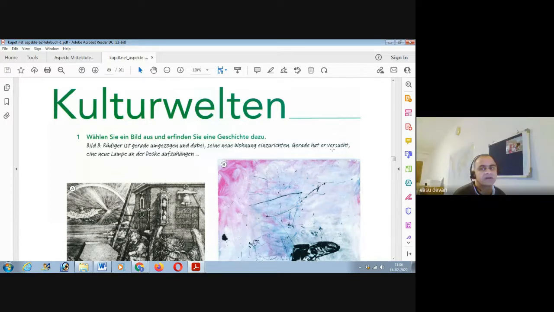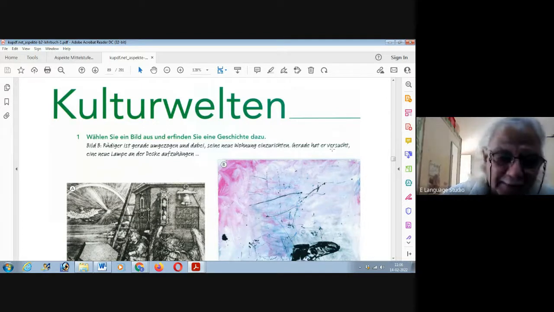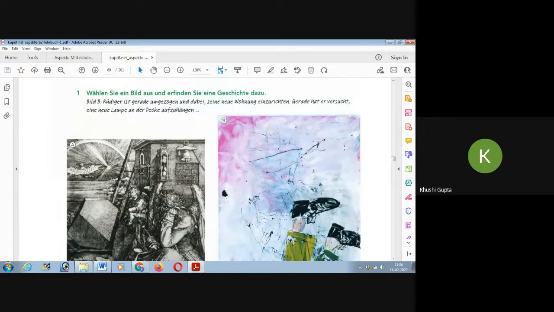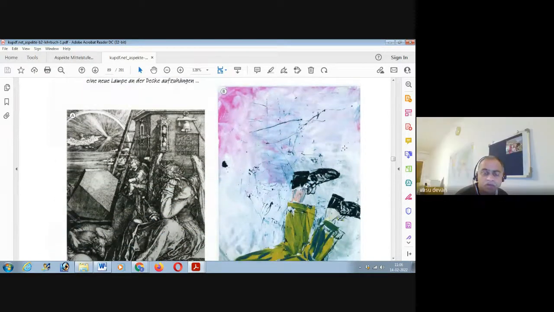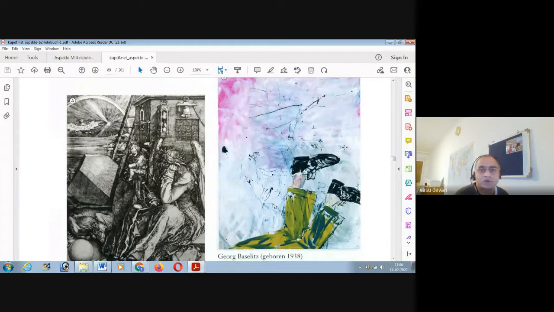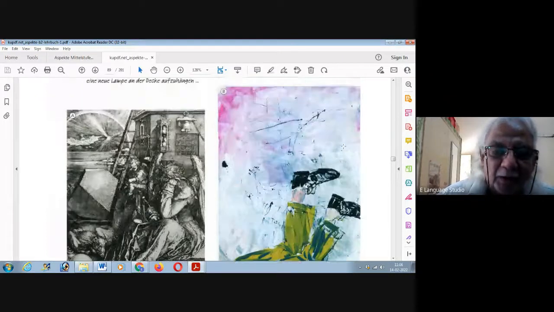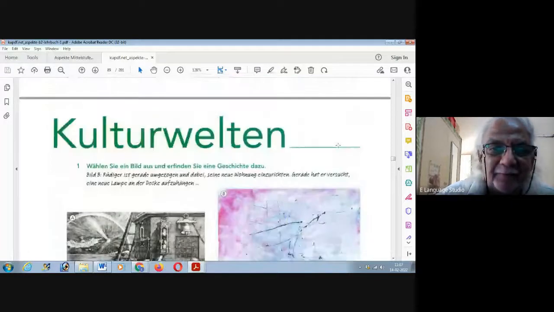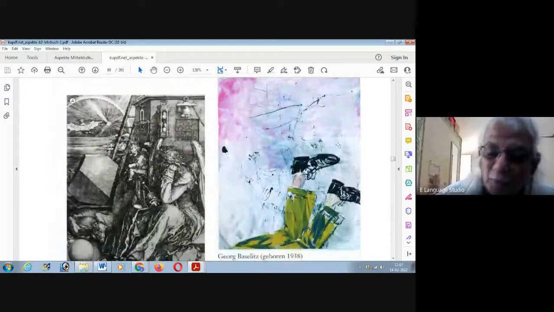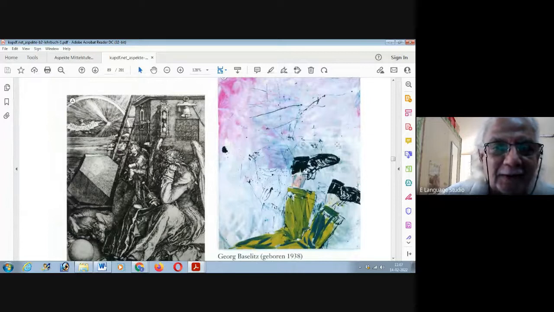Kultur hat viele Dinge, zum Beispiel wie man isst, wie man spricht, wie man sich kleidet, wie man grüßt. Alle Dinge, ja, die machen Kultur zusammen. Kann man Kultur auch mit Kunst vergleichen? Ja, und Literatur auch. Und was noch?